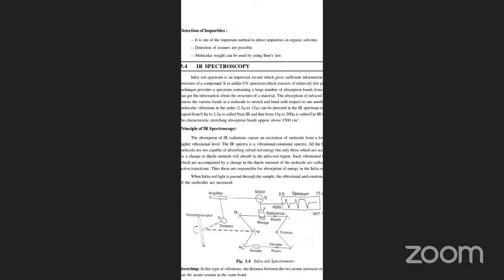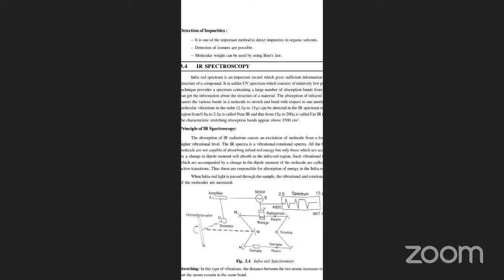Principle of IR spectroscopy. Absorption of IR radiation causes a transition from a lower to a higher vibrational level. The IR spectra is a vibrational-rotational spectra.